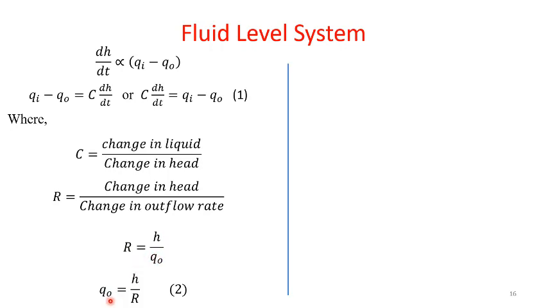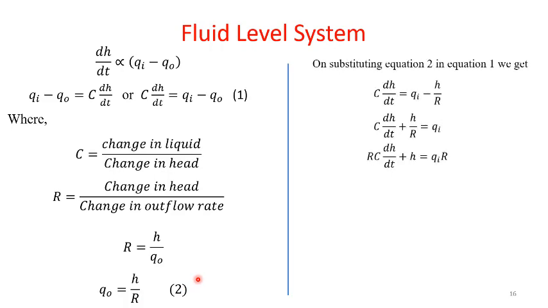We can bring this into the form Q0 is equal to H by R. So substituting equation 2 in equation 1, we get C dH by dt is equal to Qi minus H by R. Bringing this H by R term to the other side, we get C dH by dt plus H by R is equal to Qi.